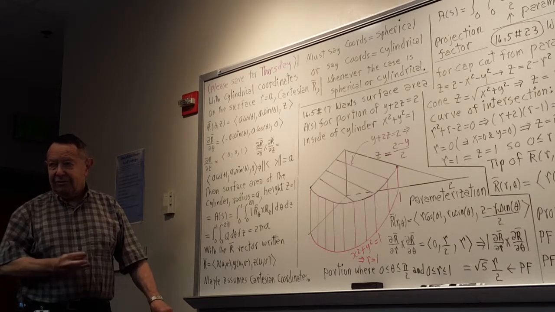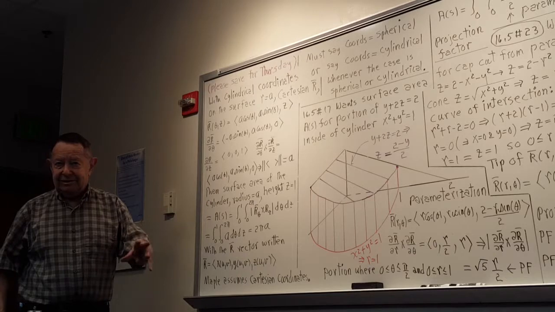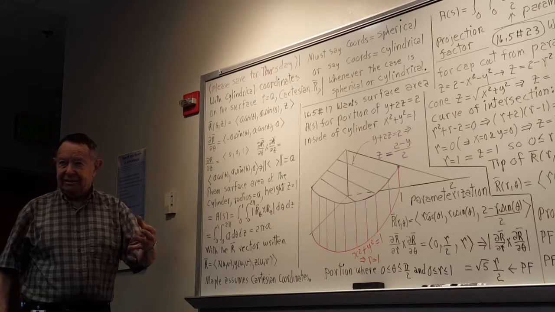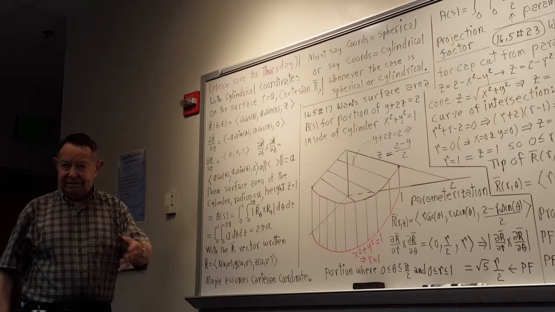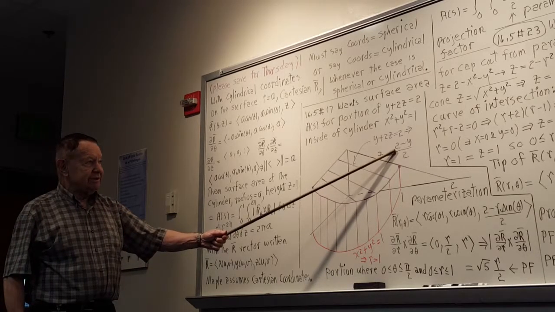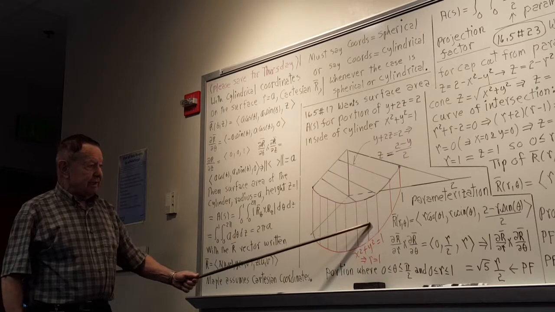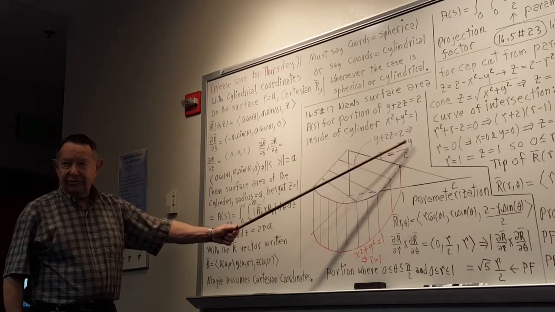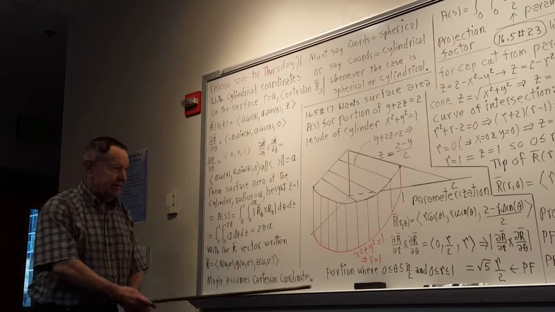You remember, if you're going from Cartesian to cylindrical, x is r, where r is your radius, cosine theta, and y is r sine theta. So then that would let me express the z, which would be your height from the floor, in terms of y, and therefore in terms of r and theta.